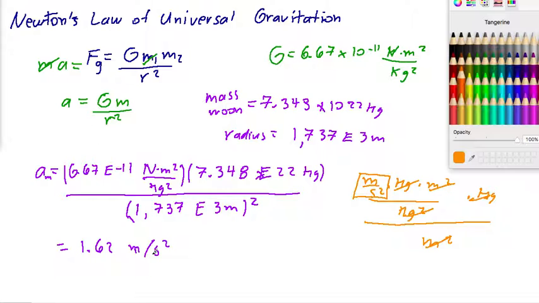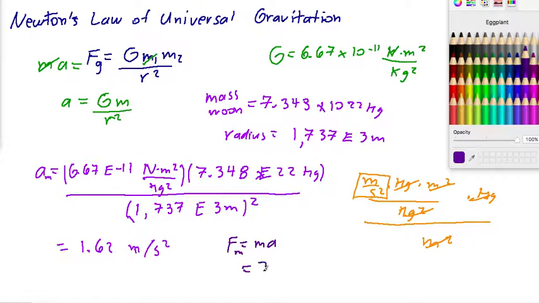Alright guys, I hope that was helpful. If you wanted to calculate the force exerted by the moon on a certain person weighing, for example, 25 kilograms, you can just say, okay, F, the force exerted by the moon, is always ma, or the gravity, same thing.